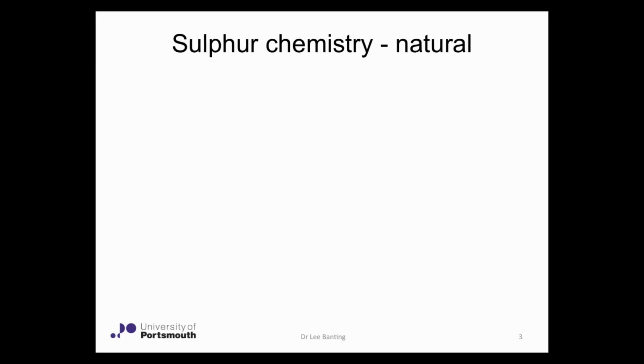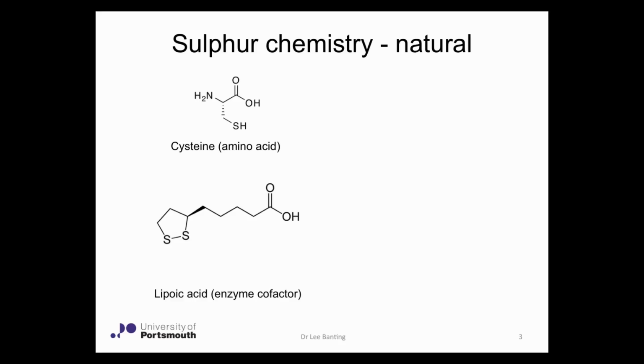Natural chemicals that contain sulfur include cysteine, an amino acid. We've met that in the cells to systems unit. Lipoic acid is an enzyme cofactor, and lipoic acid has a heterocyclic ring with a disulfide as part of that ring system, a slightly unusual structure for nature.